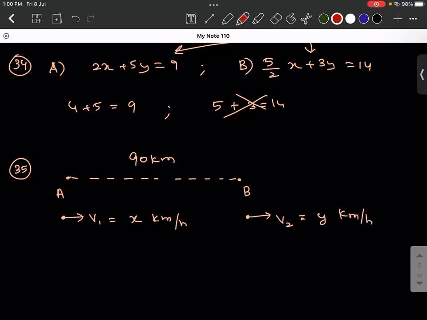They both start at the same time. Let's say the time at which they started is t is equal to 0. If they go in the same direction, they meet in 9 hours. Then the linear equations representing the above situation are... So let us say they are meeting at point C.